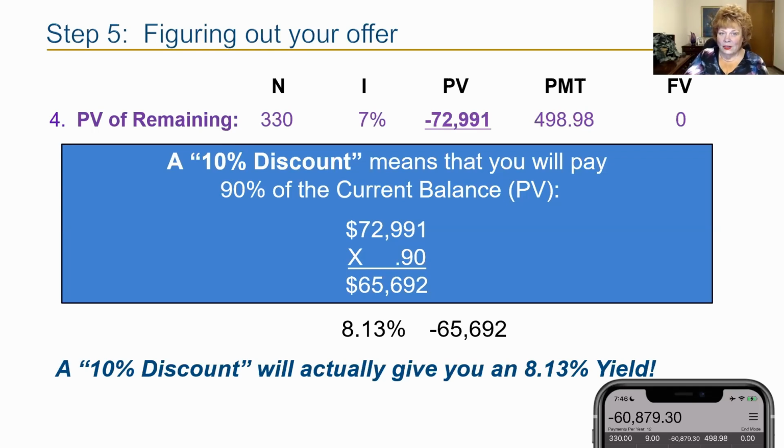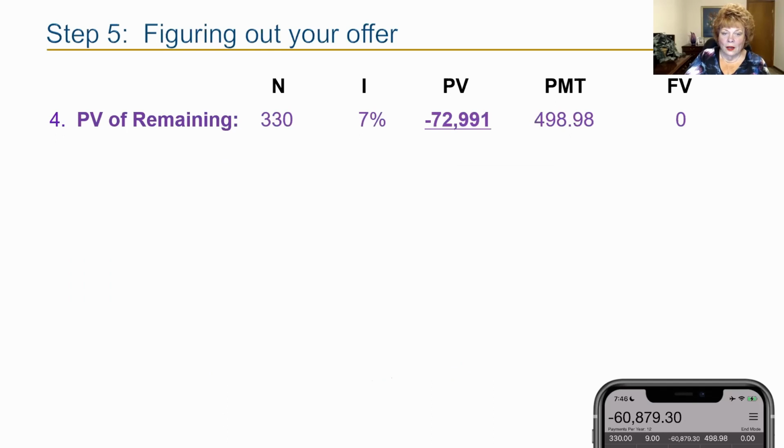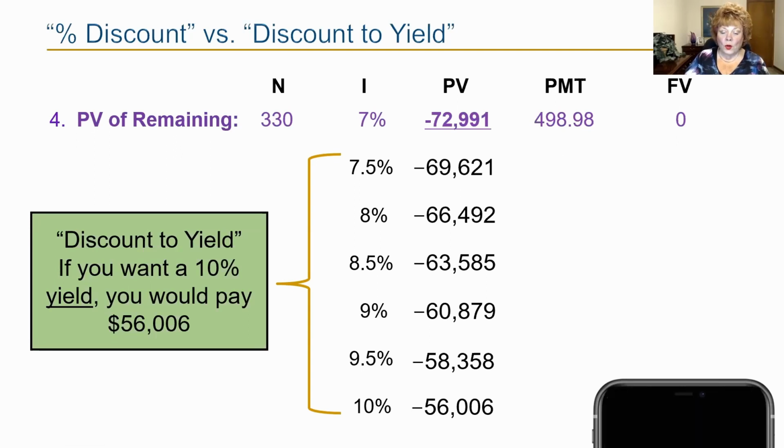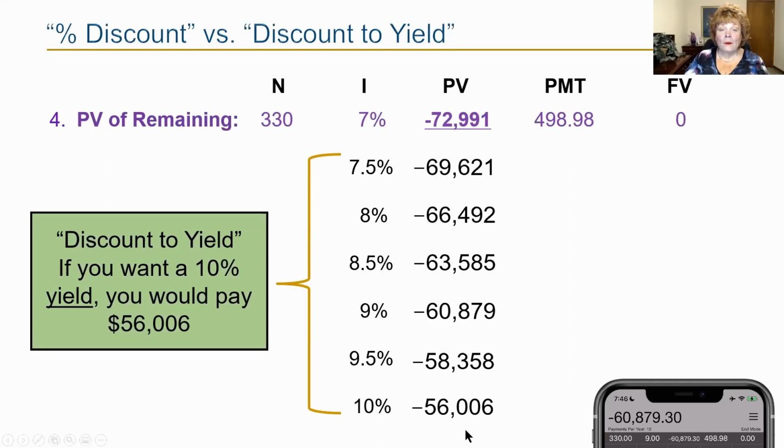What we did on the last slide, let's just go back and look at it. This tells us if an investor wants a 10% rate of return or yield, then he's going to pay $56,000 for it.